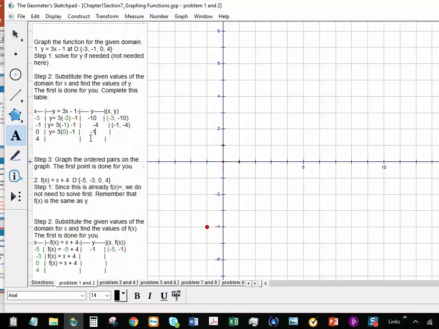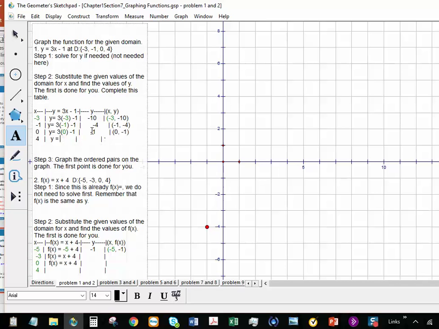Let's see, this would be -1 because 3 times 0 is 0 minus 1. So my coordinate would be 0 for the x coordinate and -1. And then I'll do the last one as well. So at 4, I'd have y equals 4 times 0 minus 1... Oh, sorry, I did that wrong.